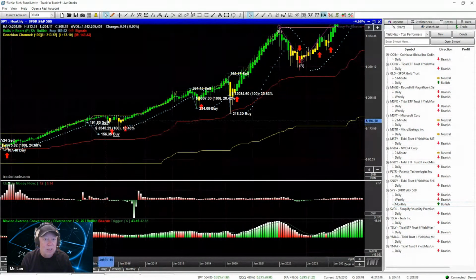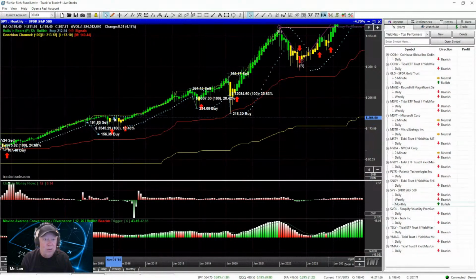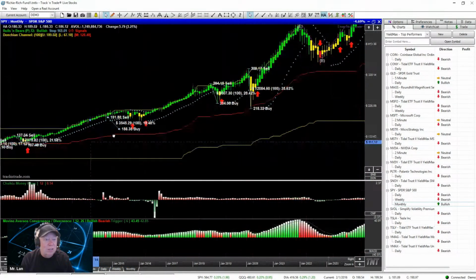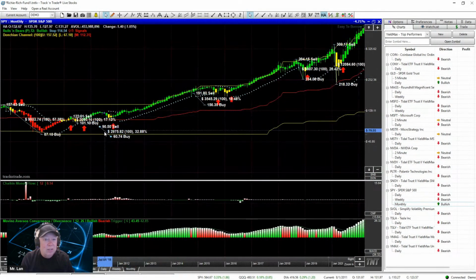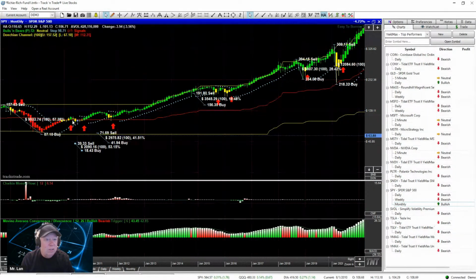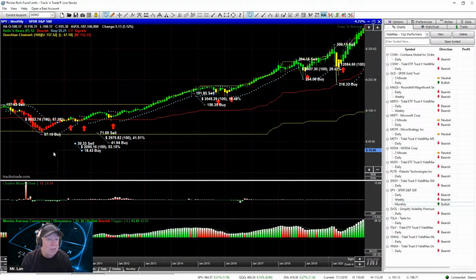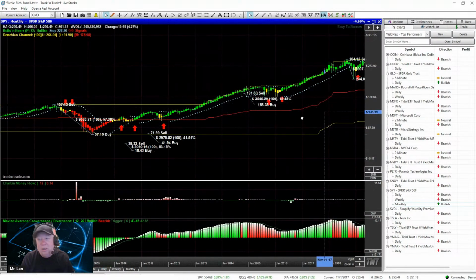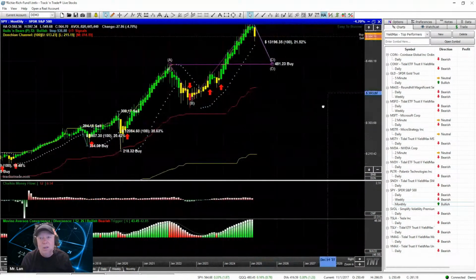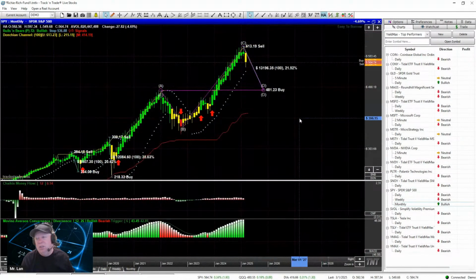Back here, 1, 2, and then it rallied and went 1, 2 again. Back here, 1, 2, 3, 4. This one here, 1, 2, 3. That one, don't want to talk about that one. So do we have some more downside potential? Yeah, I'm afraid so.